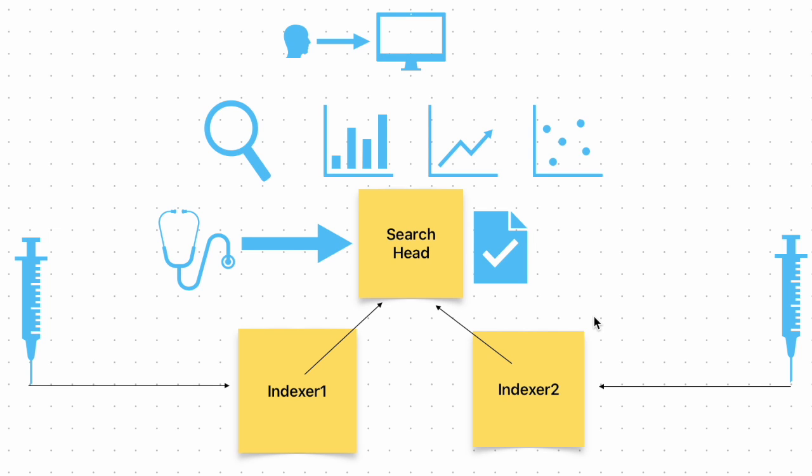So let's start installing Splunk on the search head. Then I'll move to installing Splunk on indexer 1, then indexer 2, and then I will configure the search head to access both indexers, where one indexer can have different input and another indexer another input.